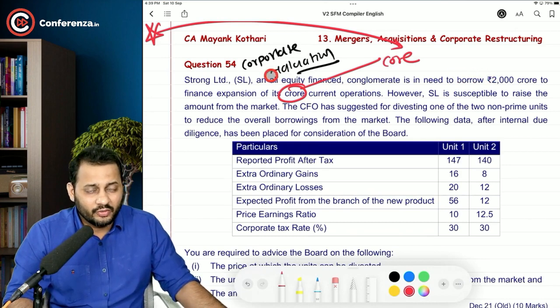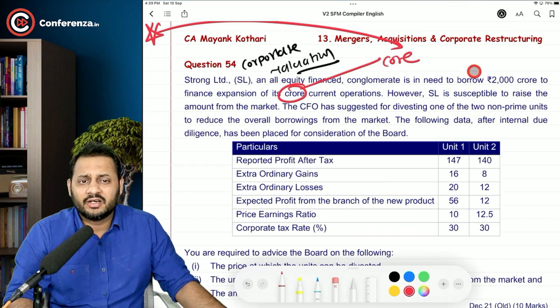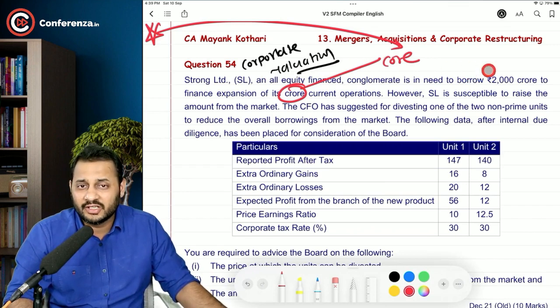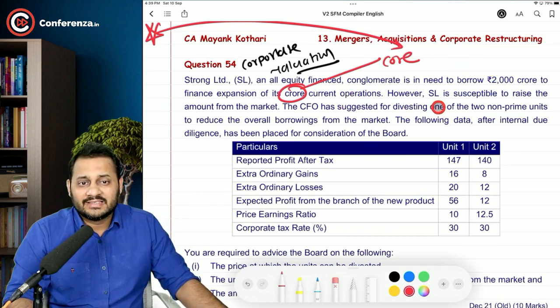Since they have not borrowed till now from the market, they will try to avoid this borrowing, and they will try that this 2000 crore requirement can be funded internally. And that is only possible if you sell one of your businesses to someone else.